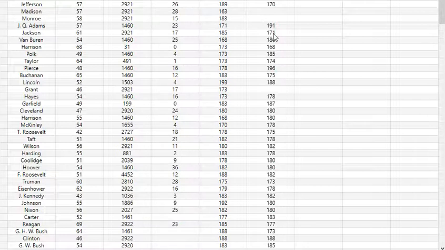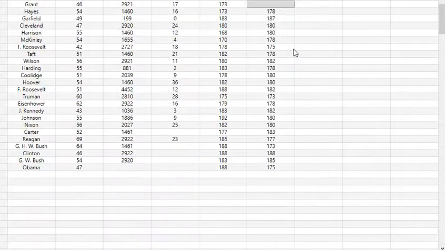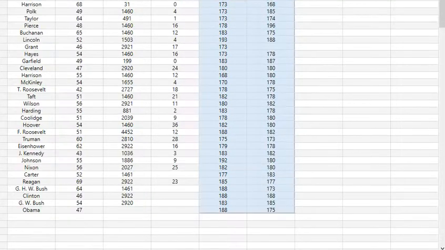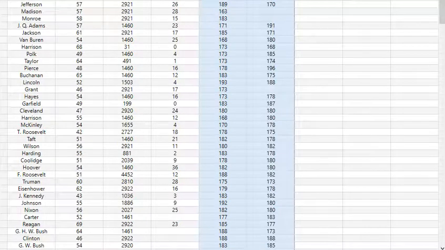Now, the problem we're going to run into, I think, is that a couple of these cells have missing data. I'm not really sure how to manipulate that out of our data set in StatDisk. So what I'm going to do is copy these two columns into Google Sheets.